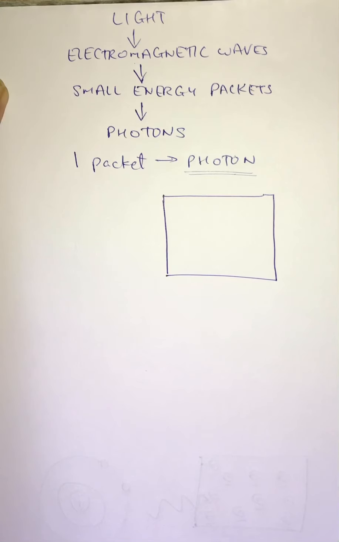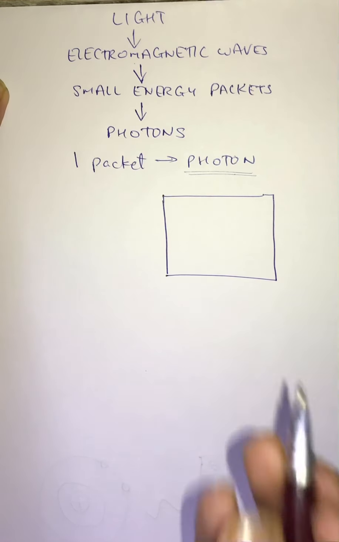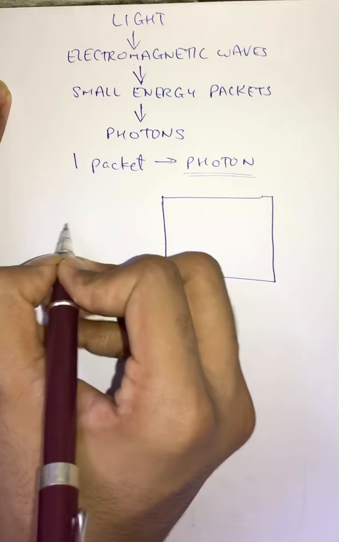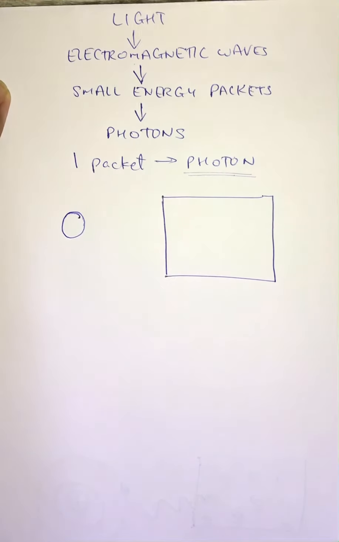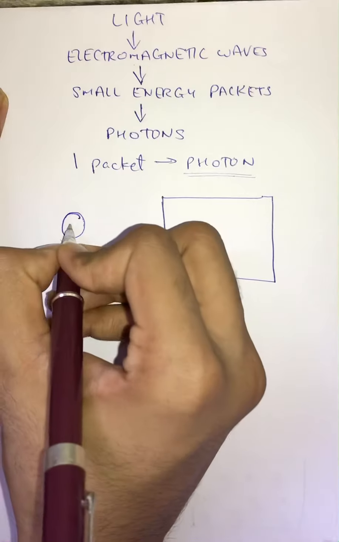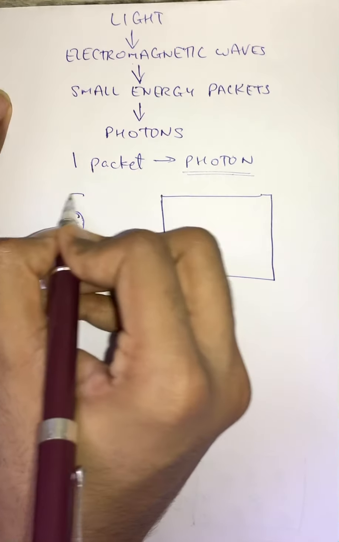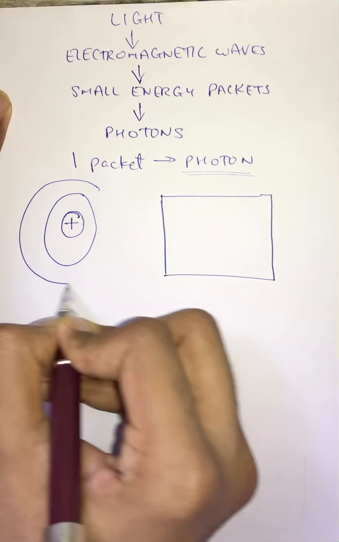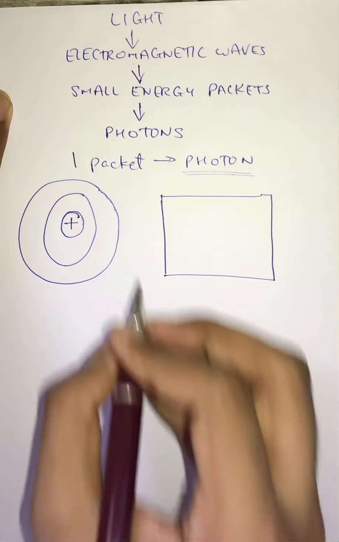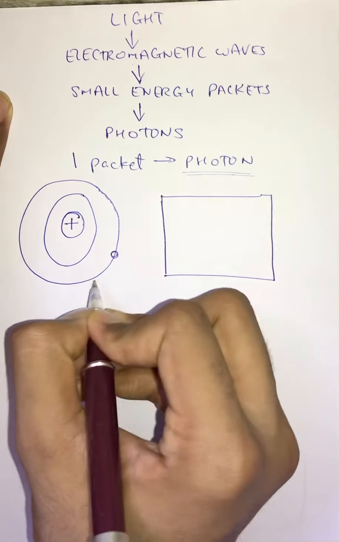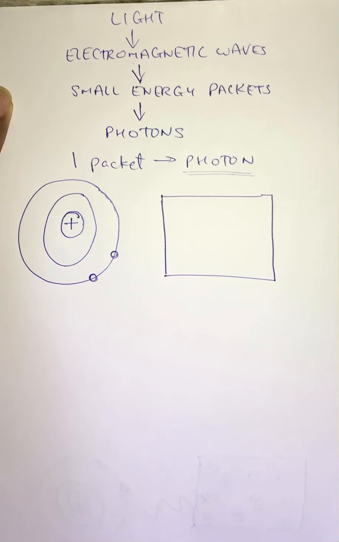Since we are taking a metal plate, first let us understand the basic construction of a metal atom. In a metal atom, we have a positively charged nucleus, and in the outermost shell there are one or two electrons.